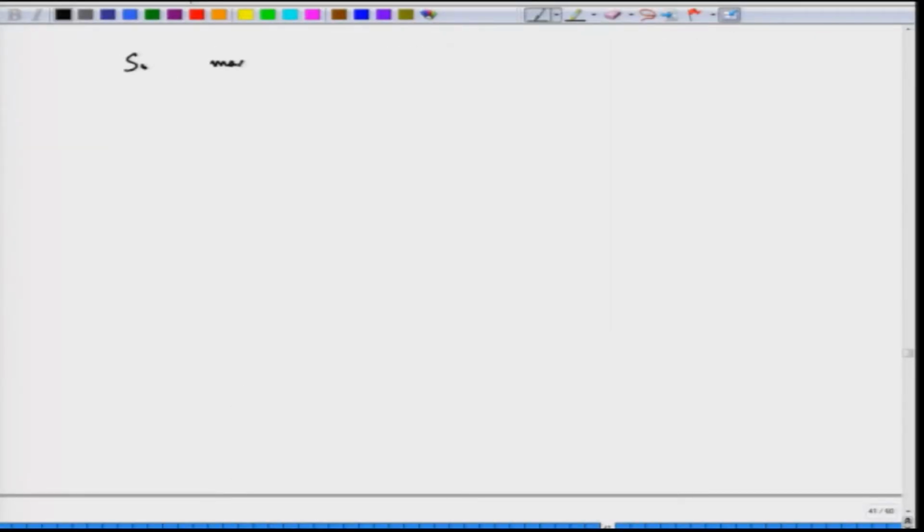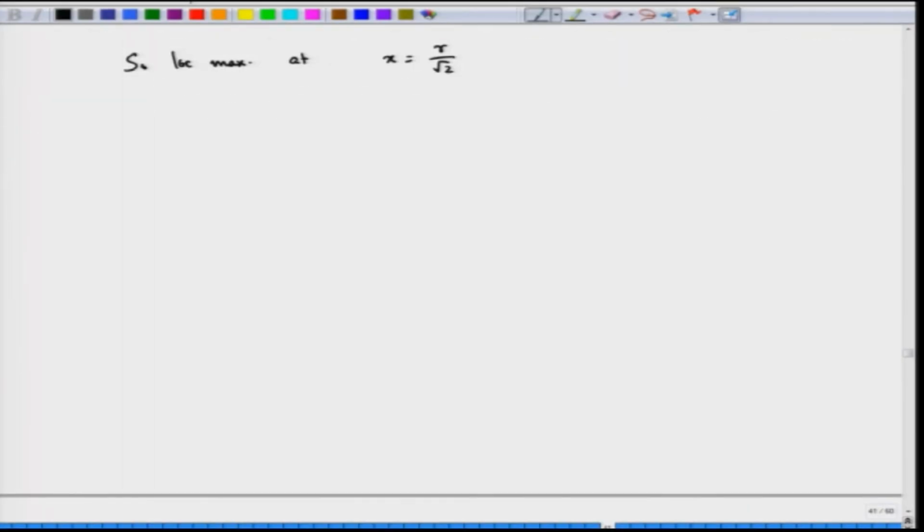Maximum, local maximum rather, at x equal to r by square root of 2. So, when x equals r by square root of 2, this is where it attains the maximum area among all the rectangles. Now, what happens to y? Now, x square plus y square is equal to r square.